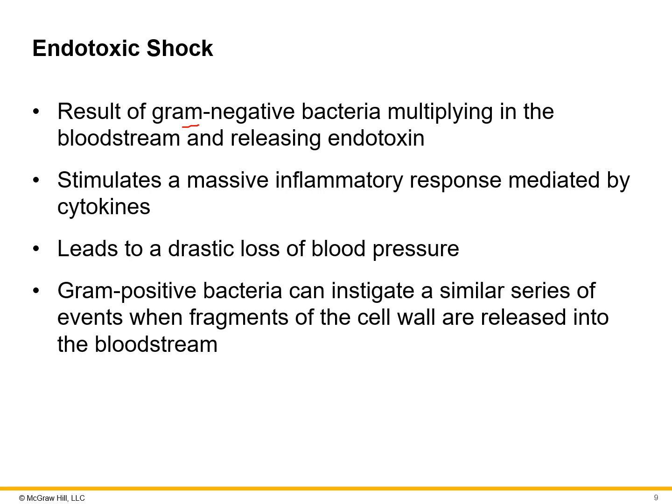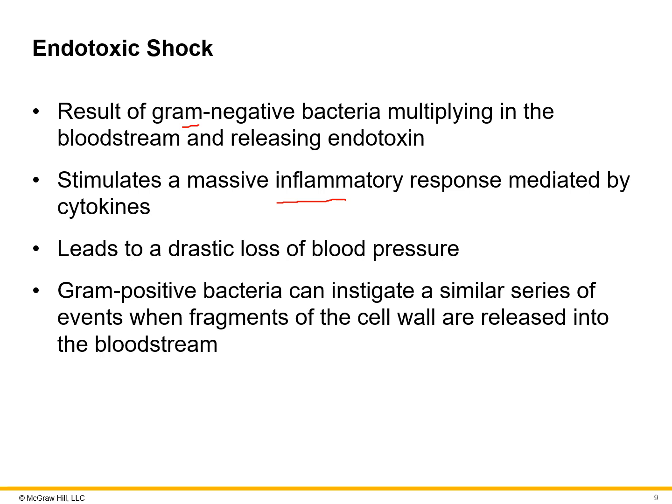So they have that LPS, or referred to as endotoxin. So again, all gram-negative have that on their outer membrane. So that alone by itself can cause this endotoxic shock. Because what happens, regardless of the specific bacteria, any gram-negative with that LPS endotoxin can cause a massive inflammatory response.